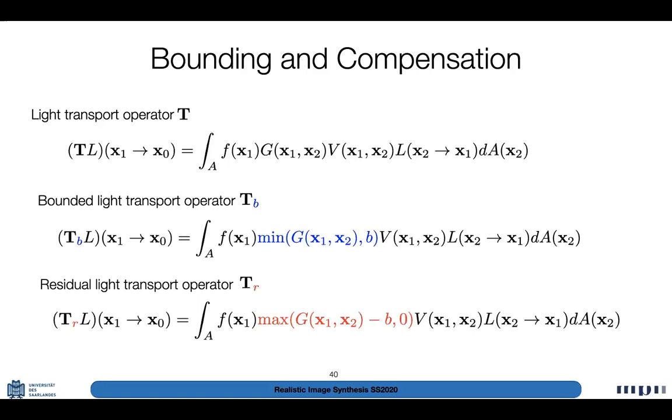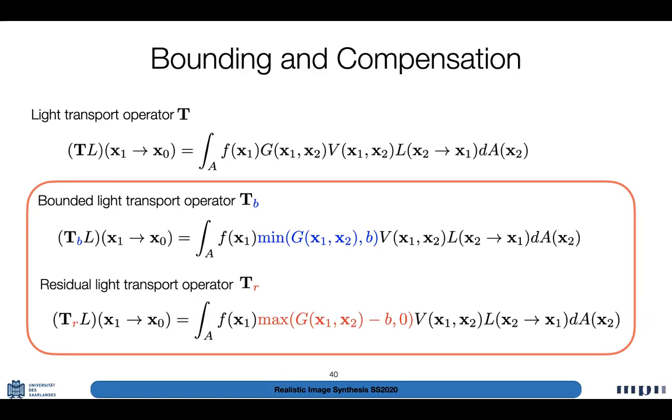And the residual term here is simply the maximum of the difference between the geometric term and the threshold itself. And the next slides will show you how the algorithms compute this residual light transport left in the scene to compensate for the illumination.